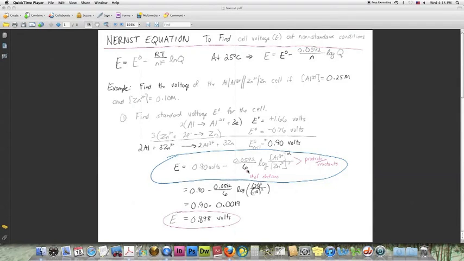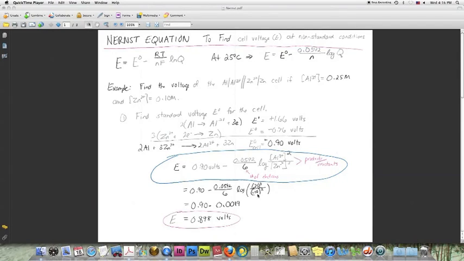Notice that I've used a value of 6 here because back up at the top I would have multiplied both of these equations to have 6 electrons, and that's where I get my value of 6. Here's the products over reactants. My aluminum ion is a product, my zinc is a reactant, and I also use the coefficients as exponents.